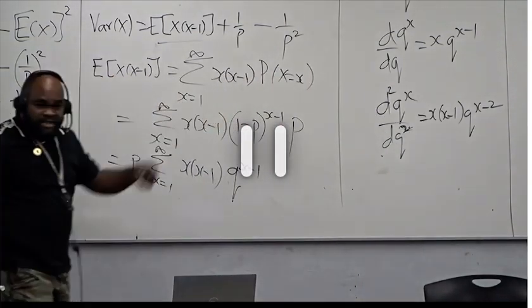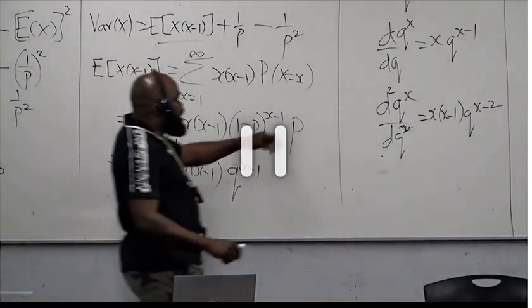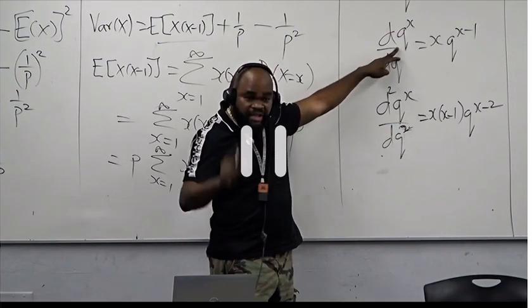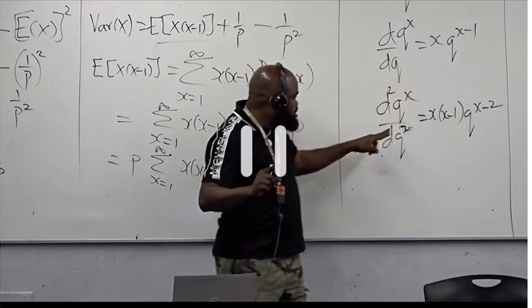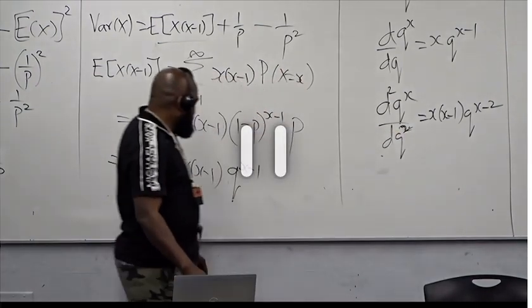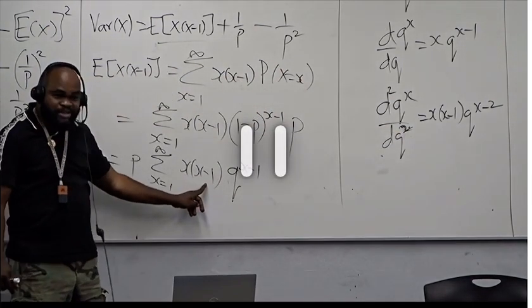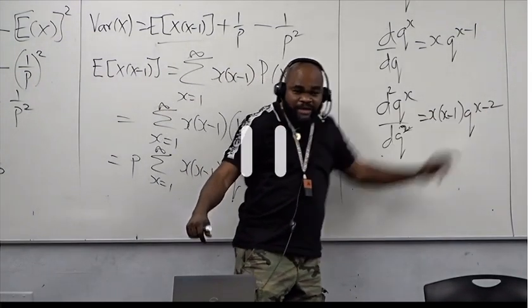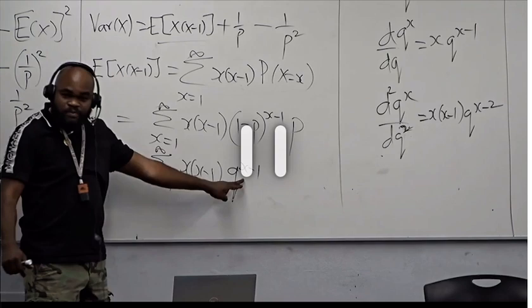Can somebody look at what I just did? If I have Q raised to the power X, the first derivative is this guy, and the second derivative is this guy. Here we have X into X minus 1, but Q raised to the power X minus 2, while here we have Q raised to the power X minus 1.